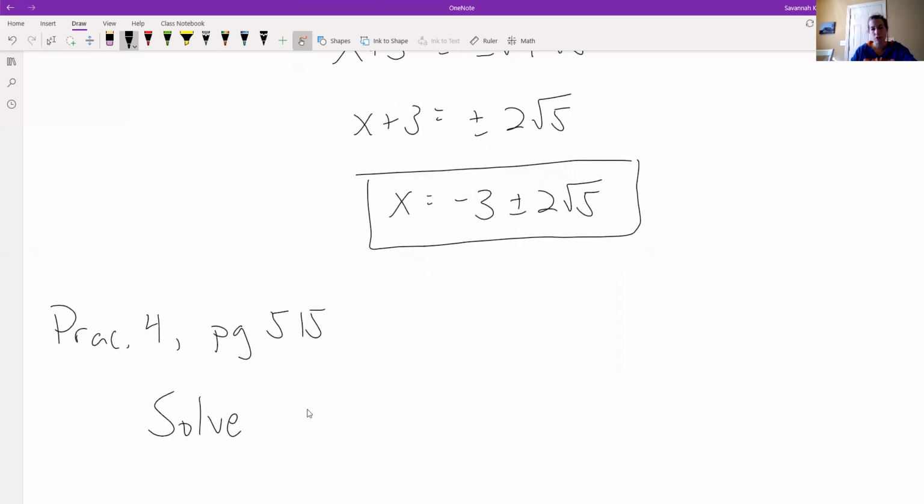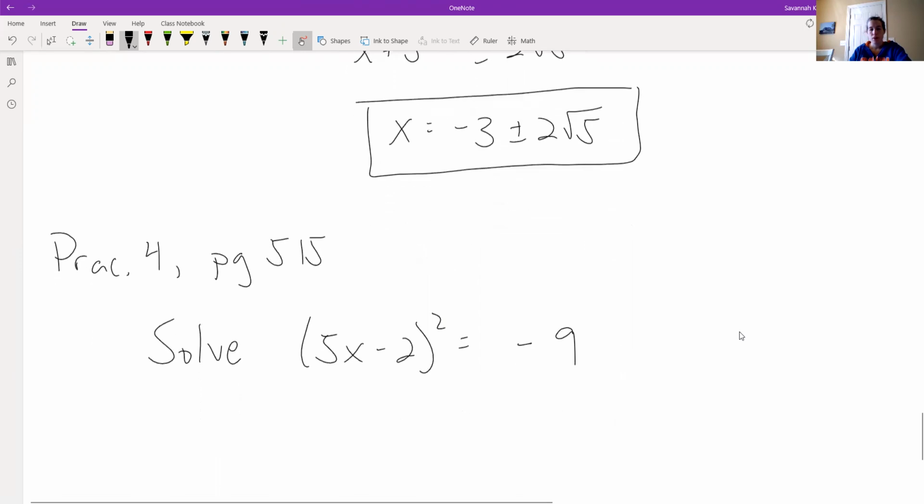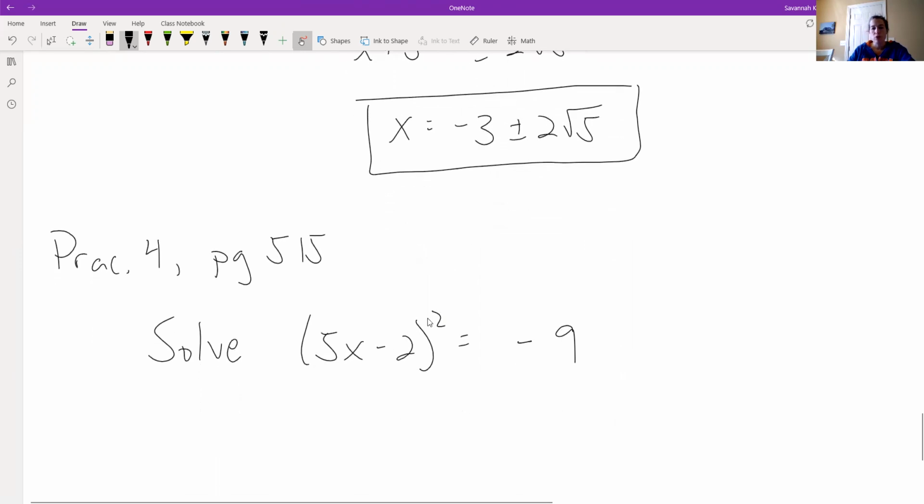Now here, this gets interesting because it brings in the last thing we learned out of chapter 8, those imaginary numbers. If you think about the way real numbers work, you can never square something and get a negative, right? 4 squared is always going to be positive 16, not negative 16.